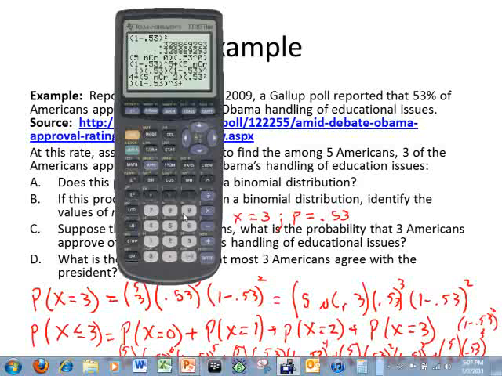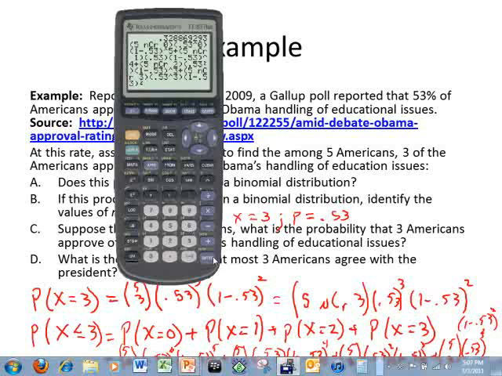I think this is the last one: 5 choose 3, 0.53 cubed, 1 minus 0.53 squared.